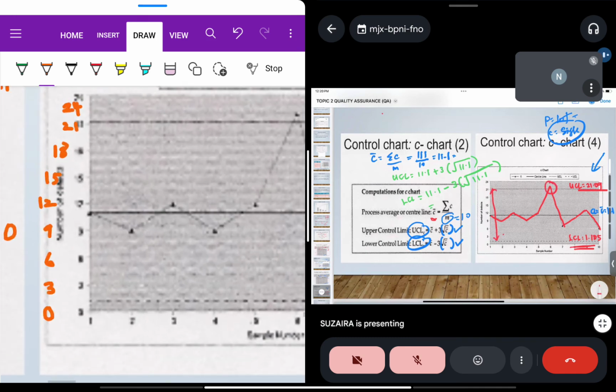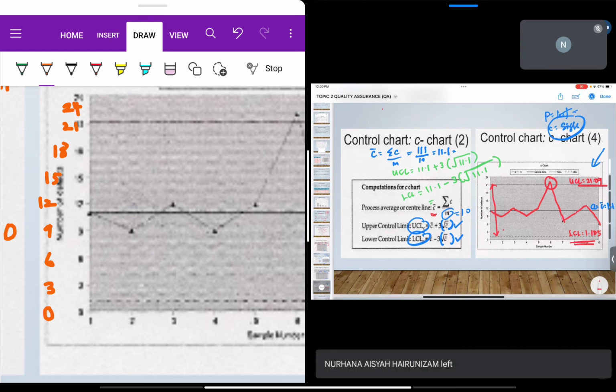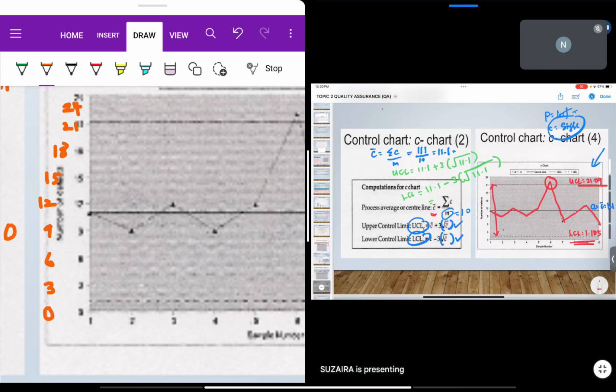But we have one outlier. If any point is more than the UCL or lower than the LCL, that is considered a defect. This is actually a defect because it goes beyond the UCL.